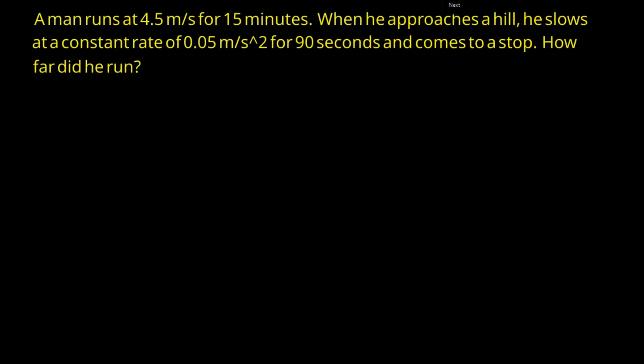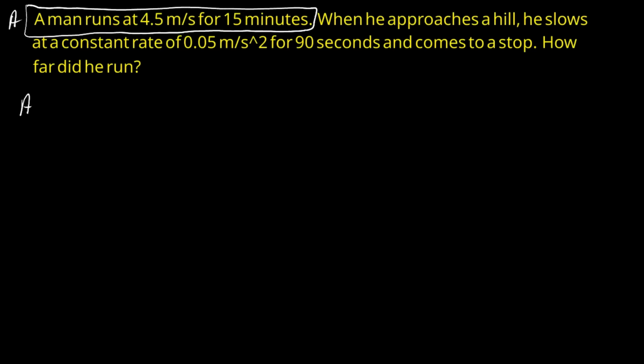Well, I like to treat this as two separate problems. Okay, this part I will do, calculate this displacement, and then we'll do the second part and add it together. So I'm going to call this the A part here. I'm going to say that x equals the initial velocity times time plus 1/2 of the acceleration times time squared.